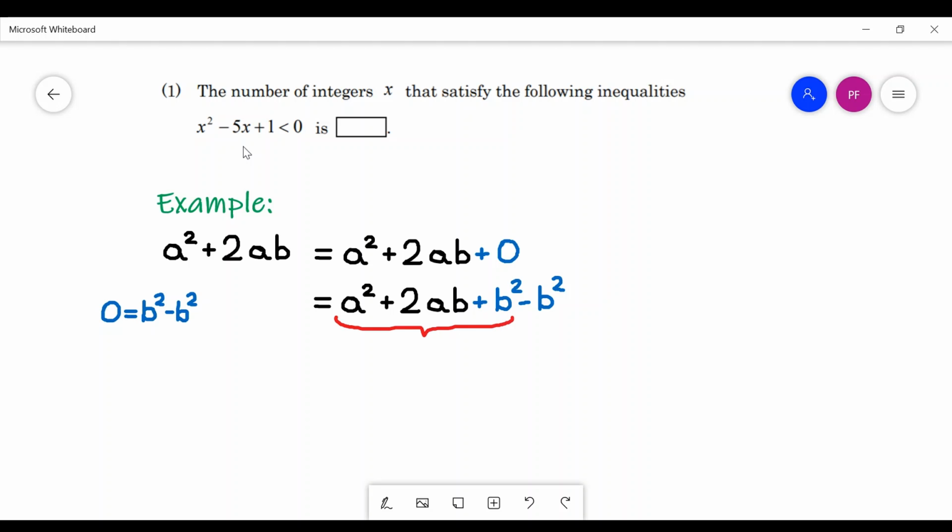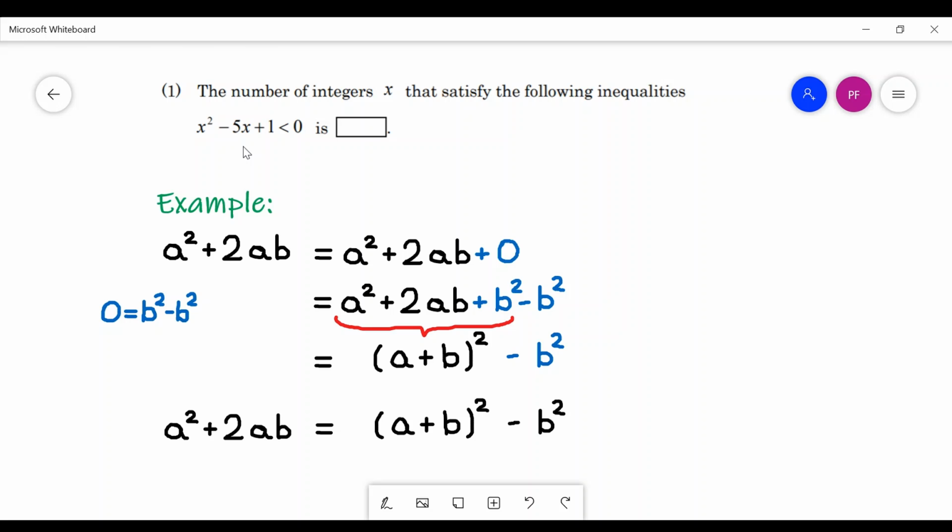And here is our perfect square binomial, a squared plus 2ab plus b squared, that is (a plus b) squared. Finally, a squared plus 2ab is equal to (a plus b) squared minus b squared. This is completing the square.